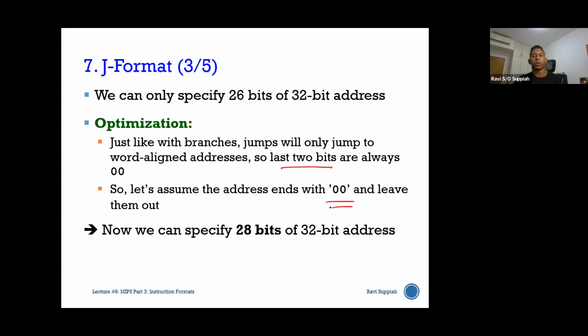Because all our instructions are word aligned. That means they're all 32-bit. So the last 2 bits will always be 0. If you remember 0, 1, 2, 3, 4, 5, one of the first few slides, if you convert to binary, you will see that whenever I have multiples of 4, the last 2 bits will always be 0.